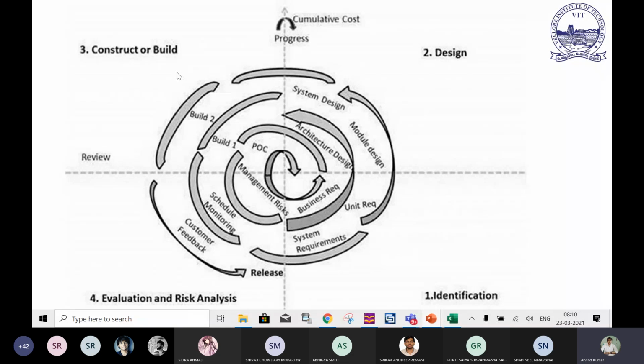Starting from step 1, what's done over here: system requirement, unit requirement, and business requirement. Then going to the next step, design. So different functions are given over here: module design, architecture design, system design. So it's working in that way. Once you reach here, after delivery or depending on the customer's feedback, you can start again and need to follow all four steps.